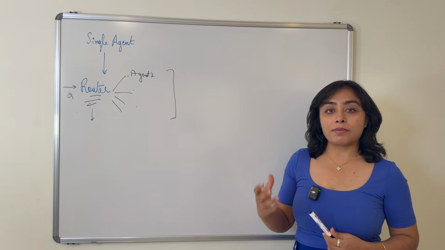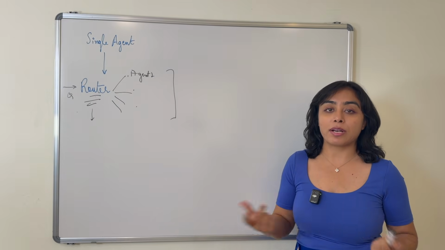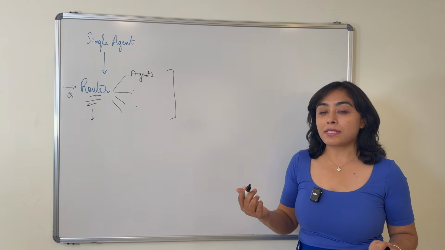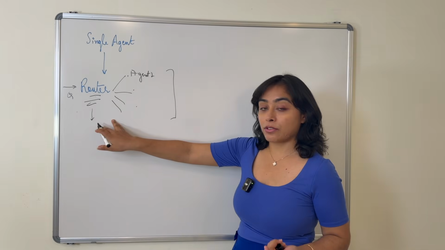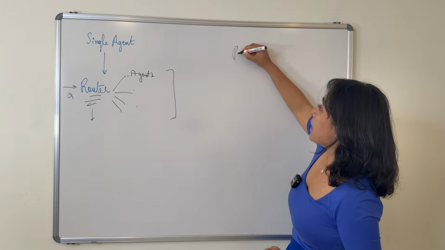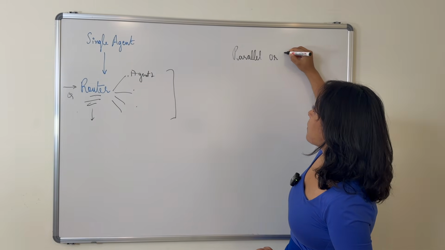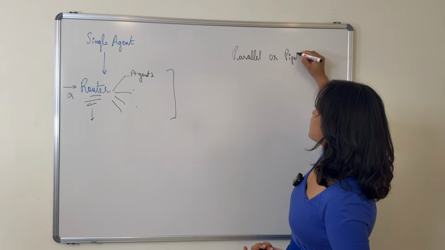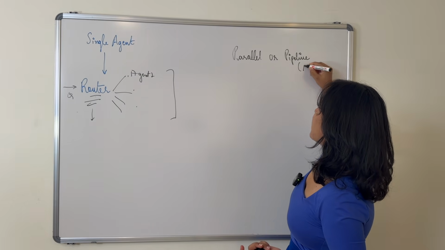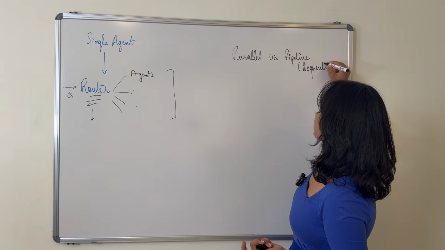Now these unrelated problems need different agents, more than one agent, to be able to answer this query. So in this case the router is not useful and we have a different pattern called either a parallel or pipeline pattern. This could also be considered a sequential pattern.